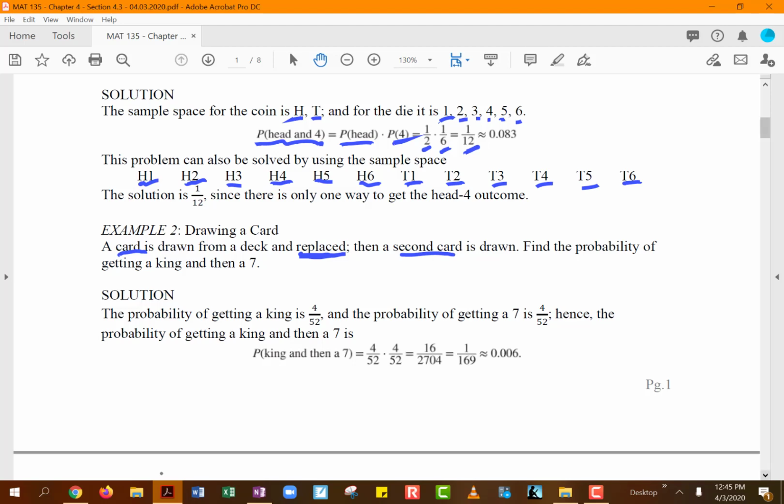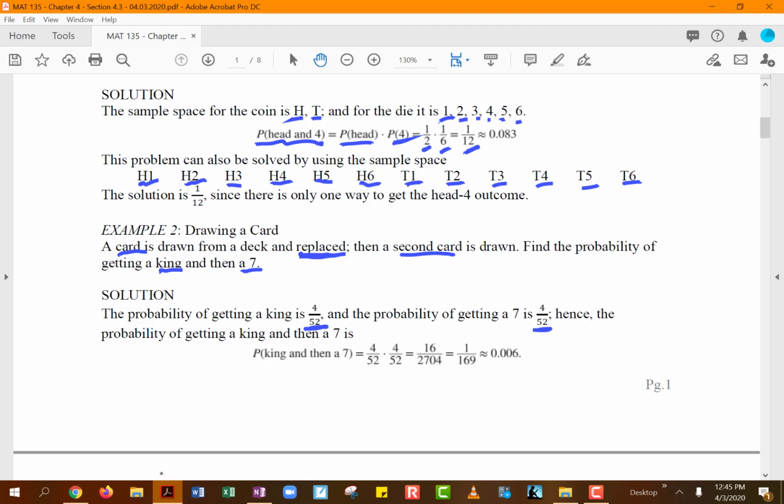Our probability here is talking about getting a king and a 7, right? Just think about the probability of a king. There are 4 king cards in our deck, so that's going to be 4 out of 52. And the probability of getting a 7, again, there are 4 of the 7 cards in our deck, so that's also 4 out of 52.